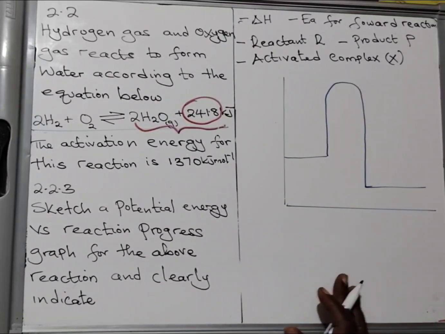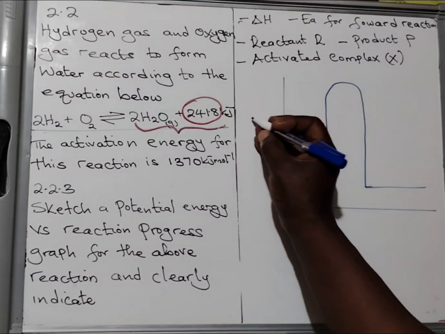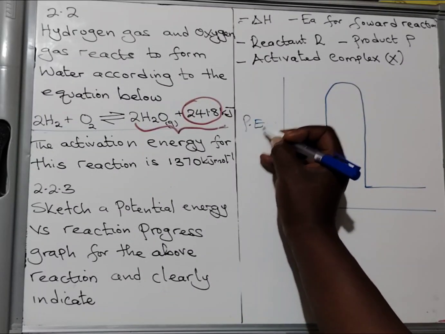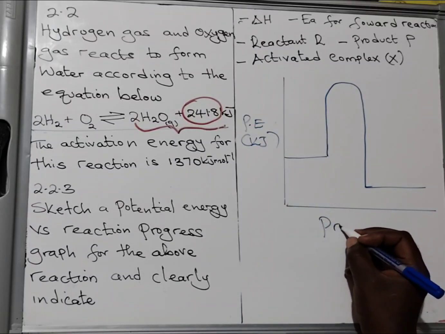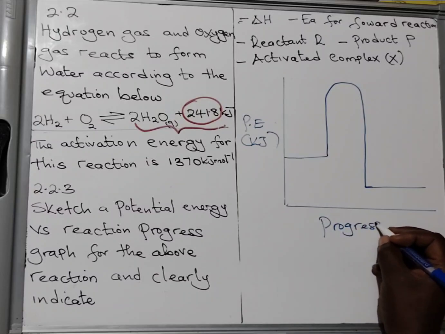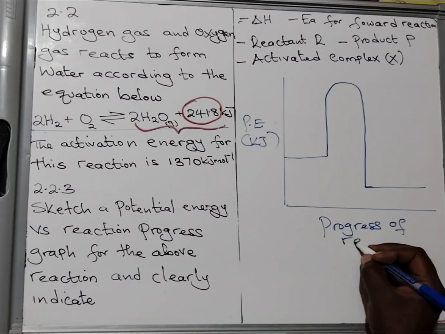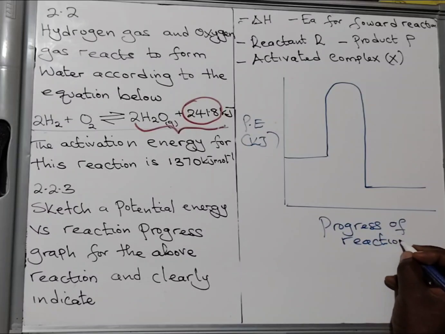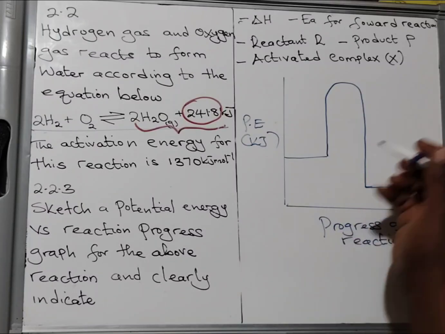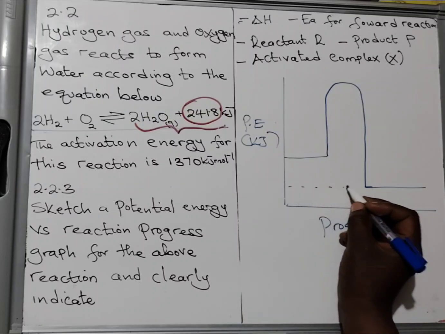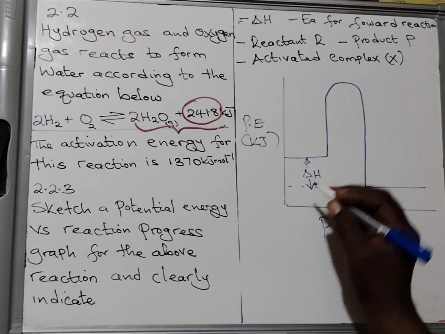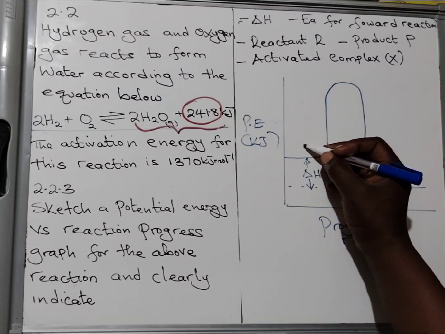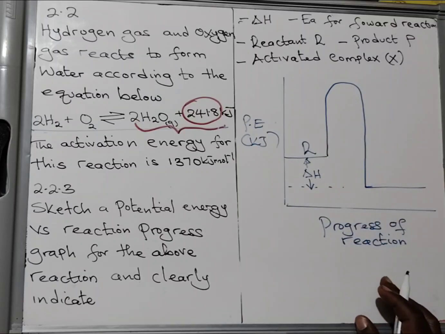So this is the sketch. And on this sketch, you have to remember that here we have the potential energy in kilojoules, and here we have progress of reaction. We have enthalpy change here, delta H. The reactant is there. The products are here.